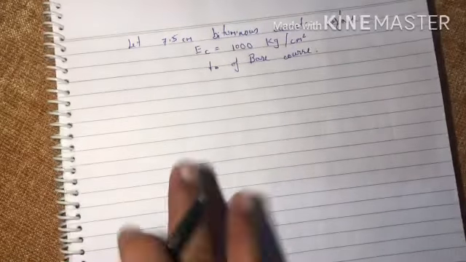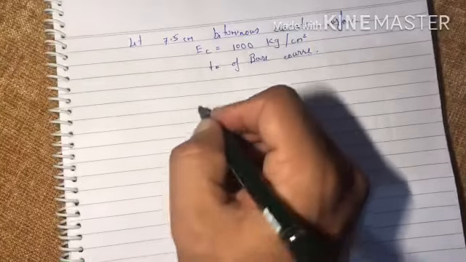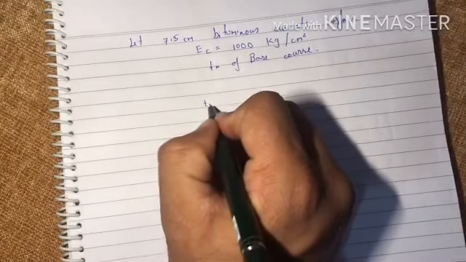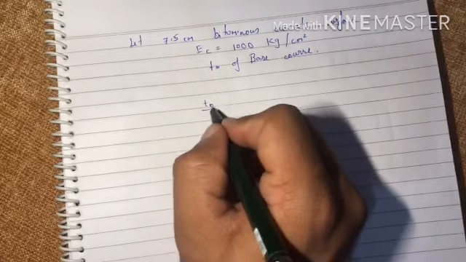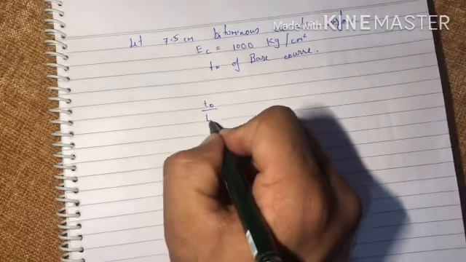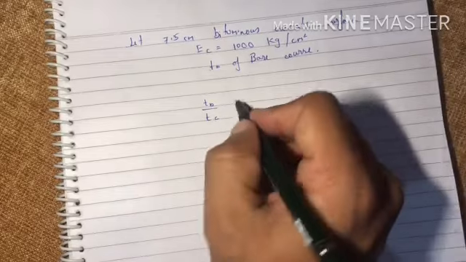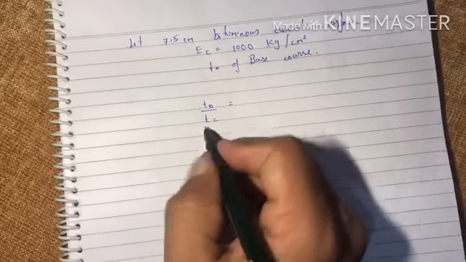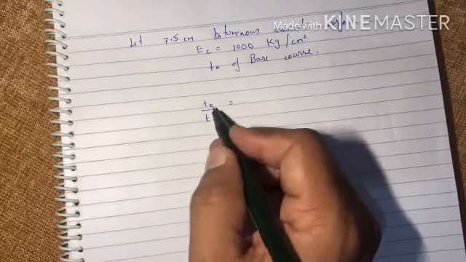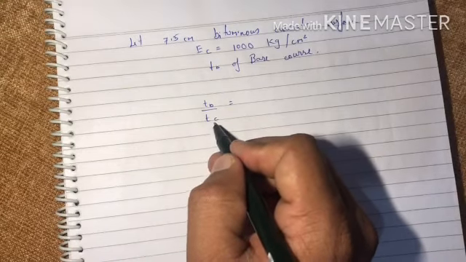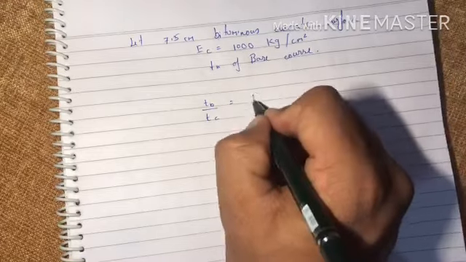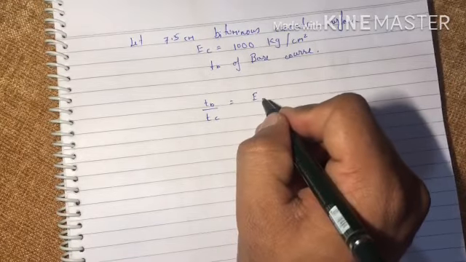Now taking that relation we discussed from the Kansas method, T1 by T2 I will write as thickness of base course by thickness of bituminous concrete. We represent it by TC, thickness of base course to the thickness of bituminous concrete, TB by TC equal to, this was E2 by E1.